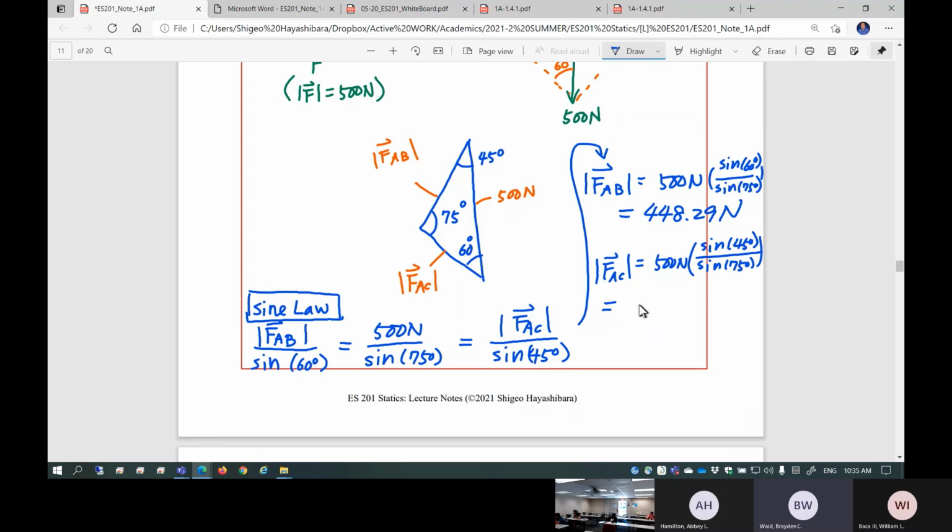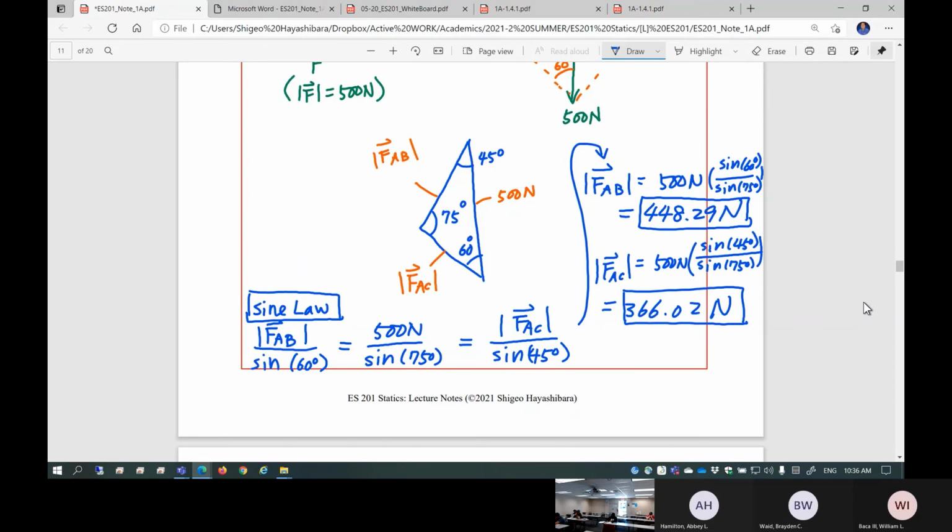AC, I got 366.02 newtons. Any confirmation? Good, good. We got confirmation. It looks okay. Please confirm by yourself. Again, don't be lazy in classroom. You're going to suffer that in actual quiz and exam. So please compute. All right, good job.